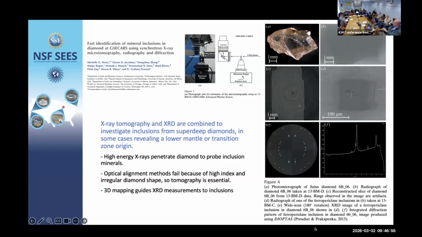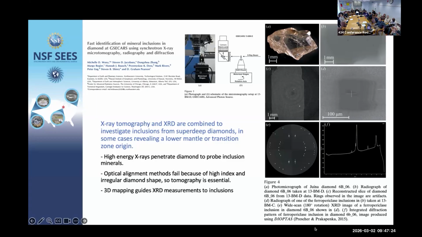What this group did, which I think was also at 13 BMD, so that's right here actually, is they found these putative deep-origin diamonds and then scanned them with tomography to find the mineral inclusions. That is otherwise really difficult because diamond has a very high index of refraction, and the grains are irregular and difficult to polish into easy shapes. So how do you get good optical access?